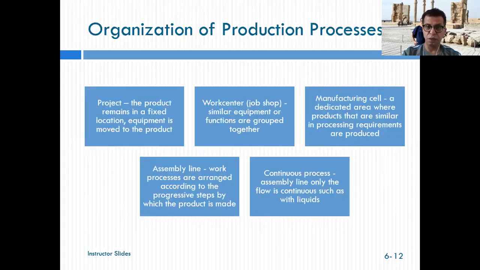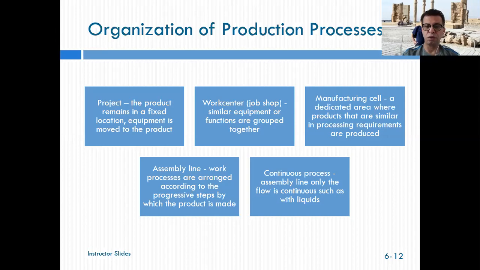Now, the organization of the production process. It basically talks about the project type, where the product remains in a fixed area and the equipment is moved around the product. So the product never moves, and the equipment keeps coming to adjust to produce this product.